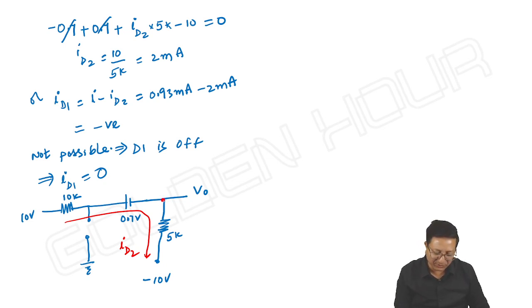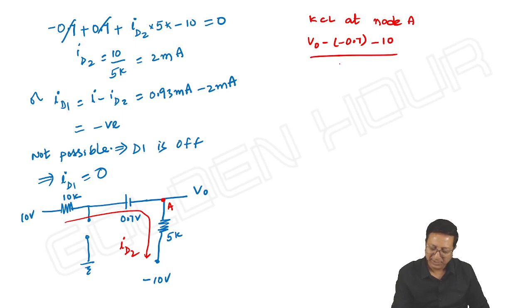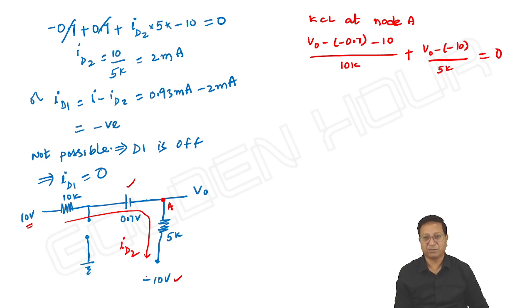Let me take this as node A. So KCL at node A: V output minus of minus 0.7 minus 10 by 10 kilo ohm plus V output minus of minus 0.7 minus 10 by 5K plus V output minus of minus 10 by 5K is equal to 0. That gives us V output.